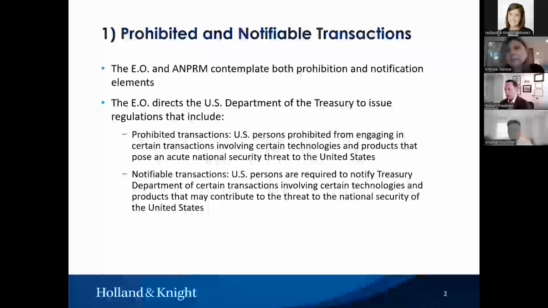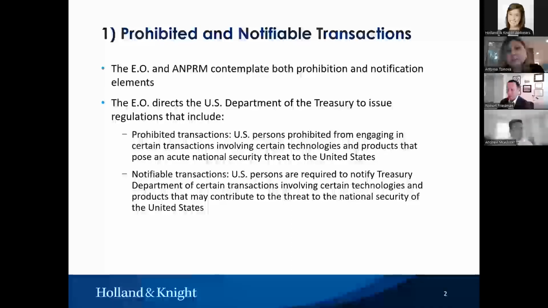And although the annex only addressed one country at the outset, the executive order does not preclude other countries from being added if those countries meet the criteria for designation. So we're going to be focusing our discussion on China, but please keep in mind that the framework is not exclusively focused on China, and in the future, there could be other countries that would be subject to analogous restrictions.